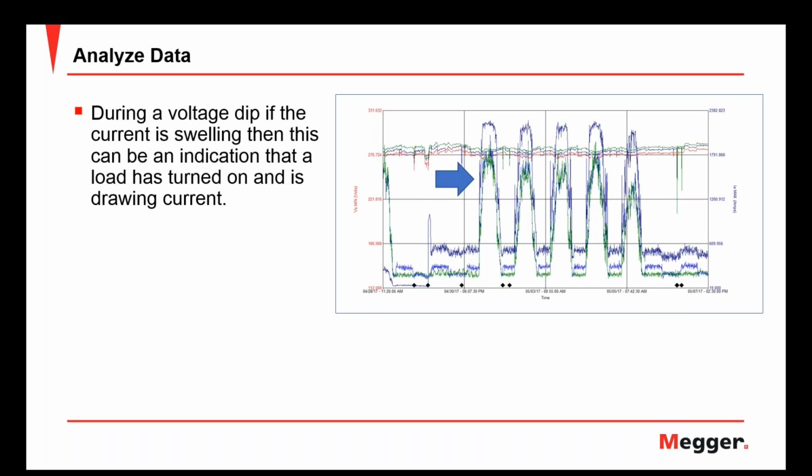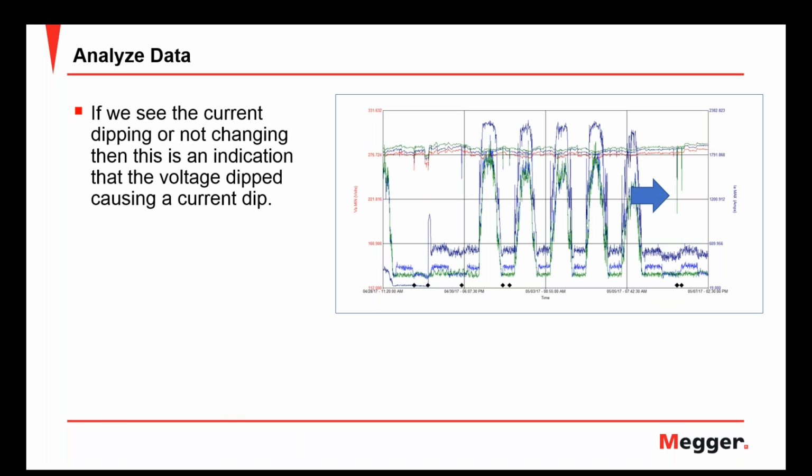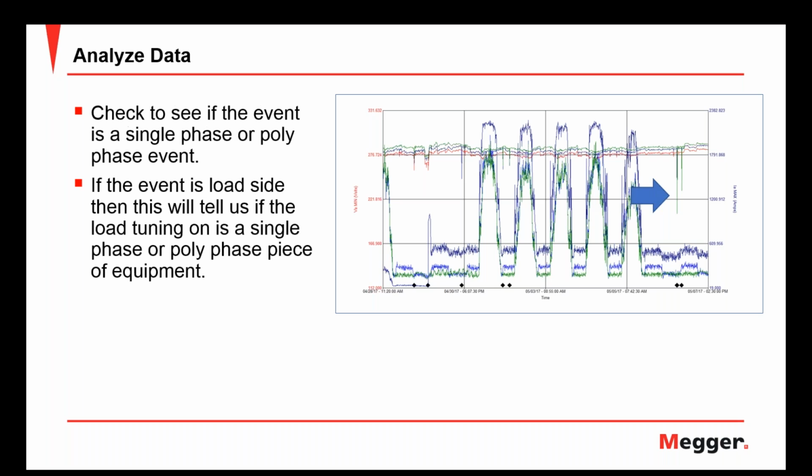This would indicate a load turning on, pulling the voltage down slightly, but this isn't what caused my trip. If I look at where the trip occurred, I can see a voltage dip, but I really don't see any significant change in the current. This would be indicative that the problem's coming from the source side. It's upstream.